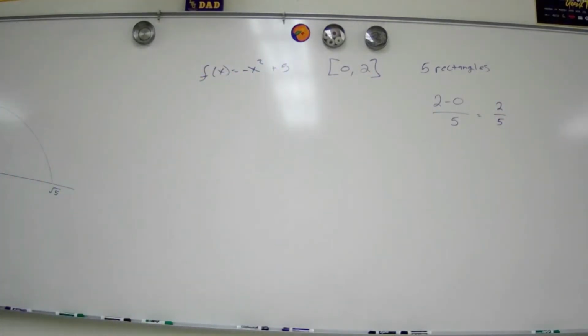You all agree with that statement? That's basic geometry. So then I'm going to have 2/5, 4/5, 6/5, 8/5, 10/5. 1, 2, 3, 4, 5. 10/5 is less than the square root of 5.